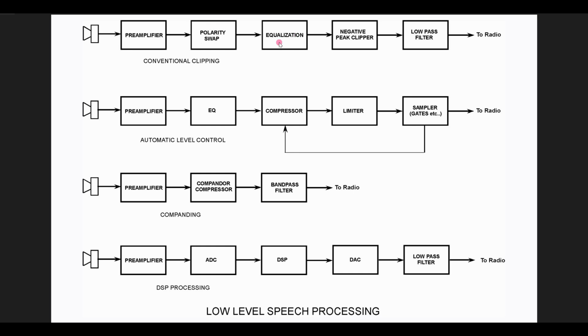Then equalization, and EQ is simply taking care of the highs and the lows and the mid-range. And then we usually have some type of negative peak clipper that takes care of the low swinging excursions that might cause us to overmodulate and go through the zero in our AM waveform, thus causing distortion, interference, all kinds of nasty things that cause people to complain about AM operation.